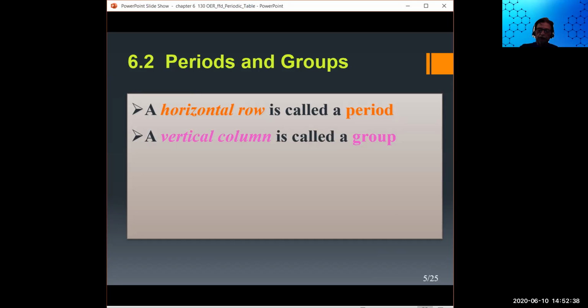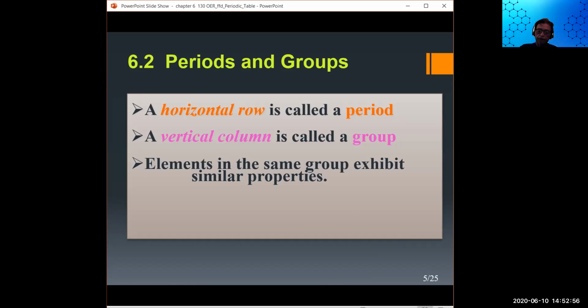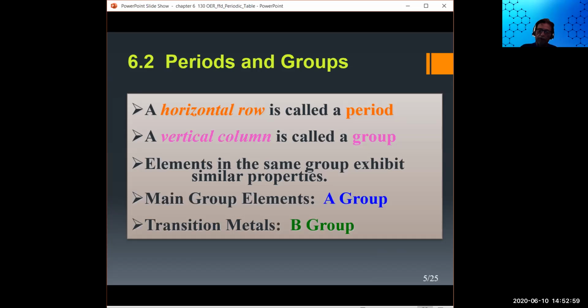So the vertical columns, you already know, we call them the groups. You might even hear the word family, simply because they have similar reactivity. We know they have similar reactivity because they have the same number of valence electrons, so similar properties.